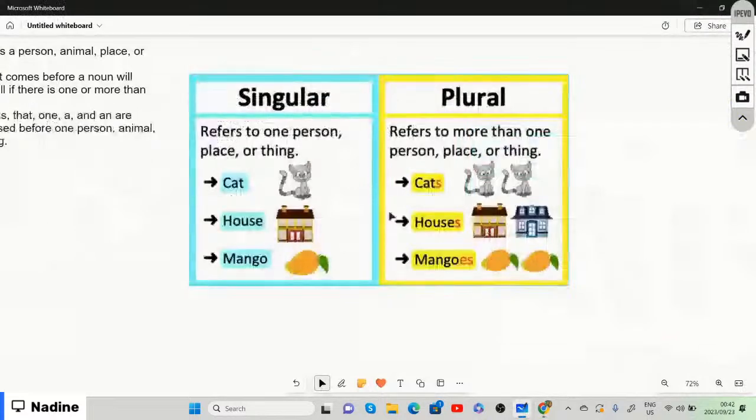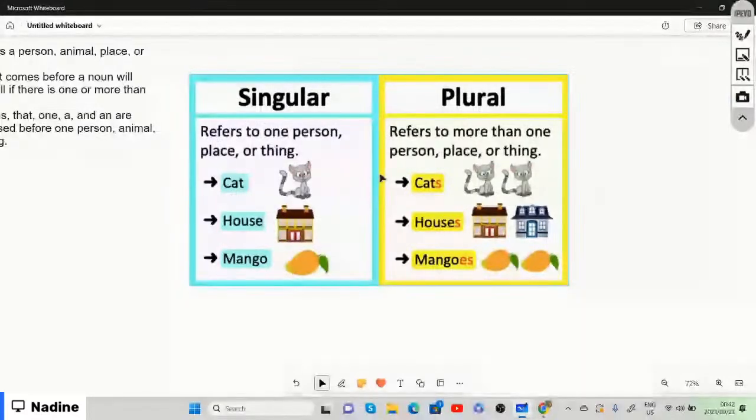And here's another picture that tells us about singular and plural. So singular refers to one person, place, or thing, as well as animal, whereas plural refers to more than one person, place, or thing and animal.